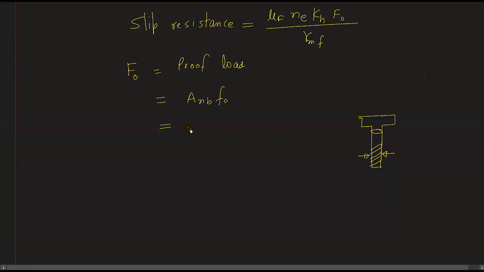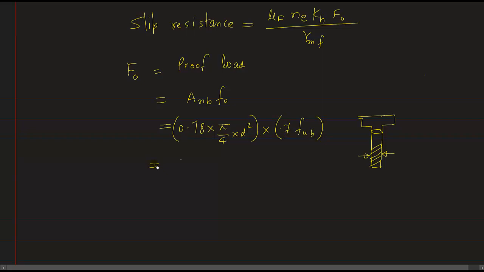So in this case An b is nothing but 78% of pi by 4 into d square, and F naught is 0.7 times fub, that is given in the code.